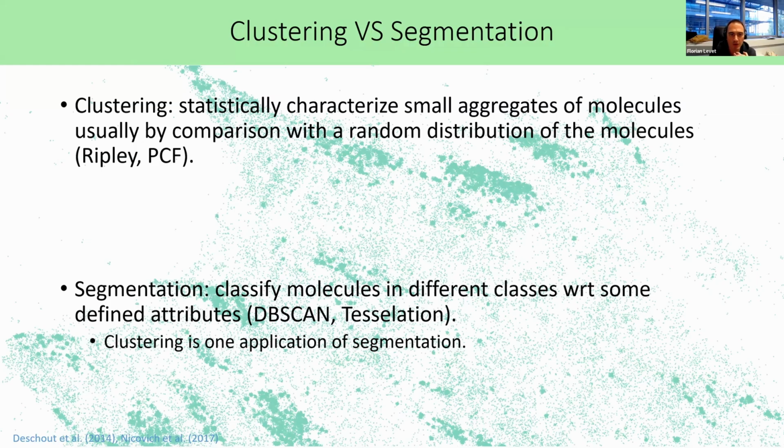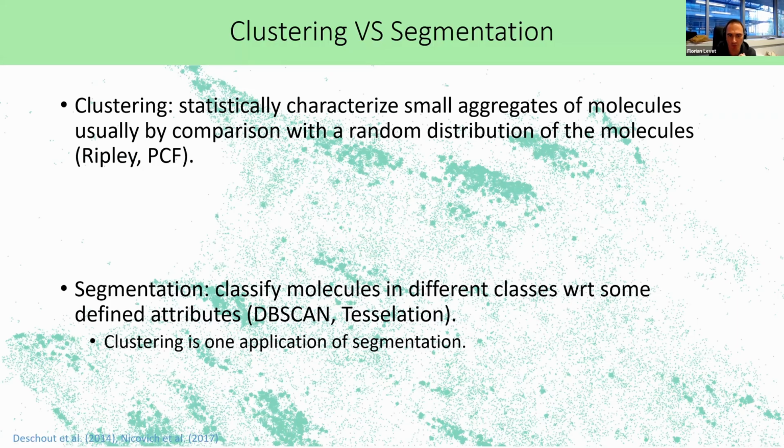Clustering is really statistically characterizing small aggregates of molecules that are in your data, usually by comparison with a random distribution of the molecules. So it's really statistically relevant here. You don't want to use a threshold in order to find your object. You really want to have something that is statistically robust compared to a random distribution.